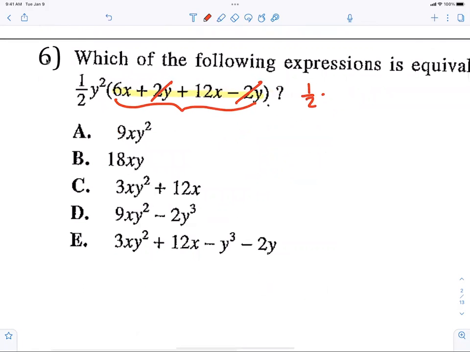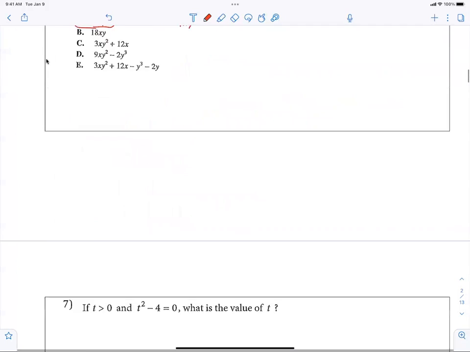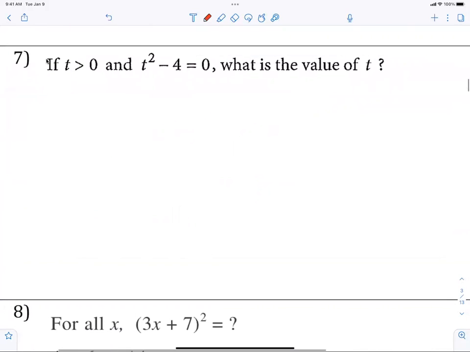So I have 1/2 y squared times 12x. Now, what's half of 18? 9. So 9xy squared. Believe it or not, that's an SAT problem. Hard to believe. That's a question to see if you can make it into college. No joke.